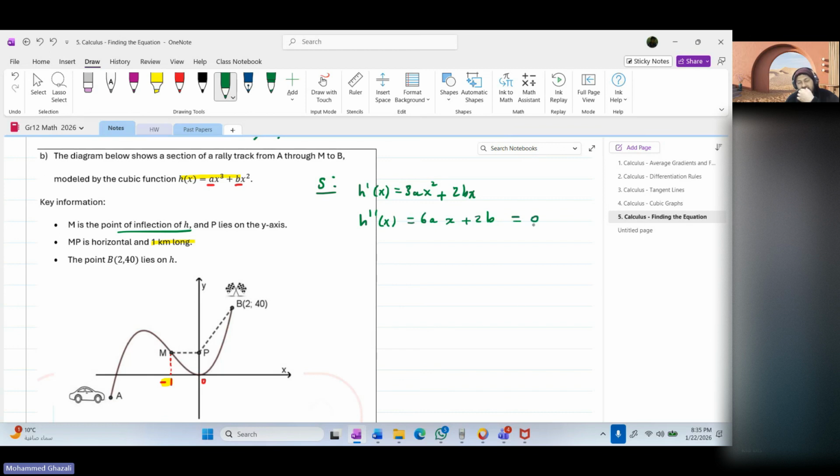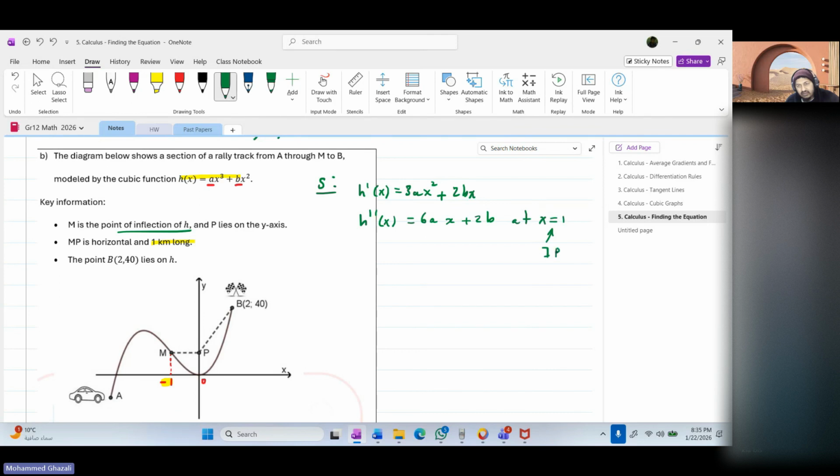And that must be equal to 0, but it's only equal to 0 at the inflection point.